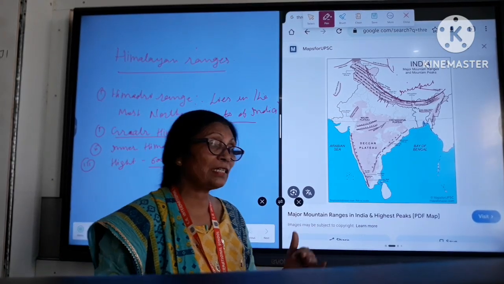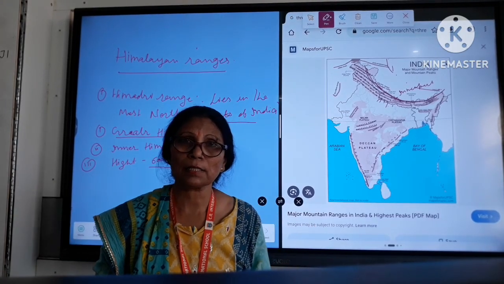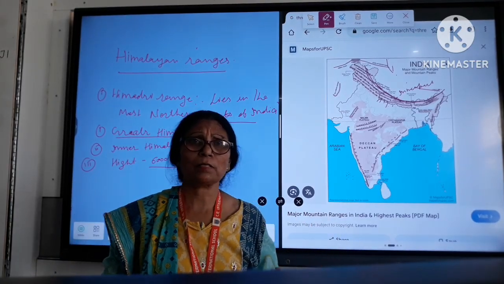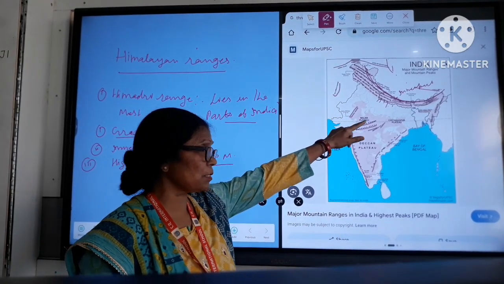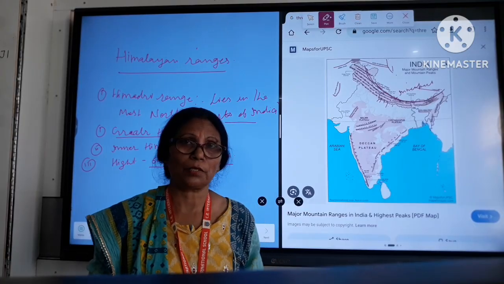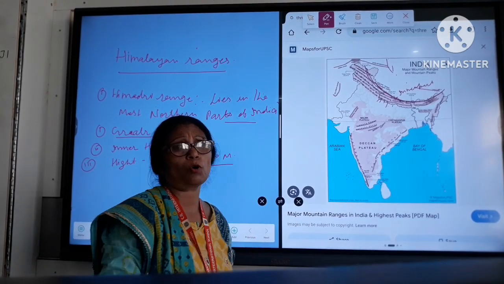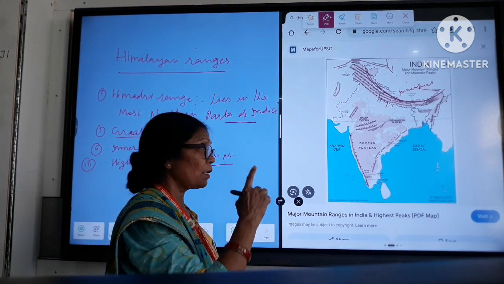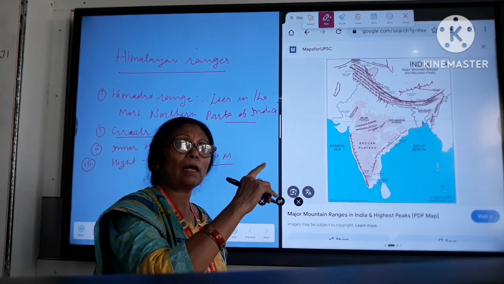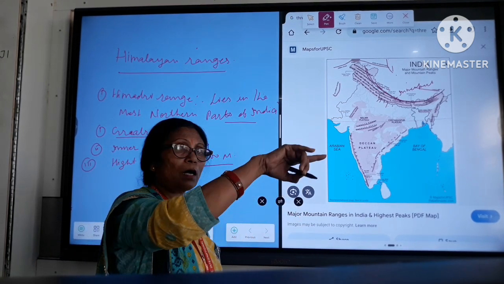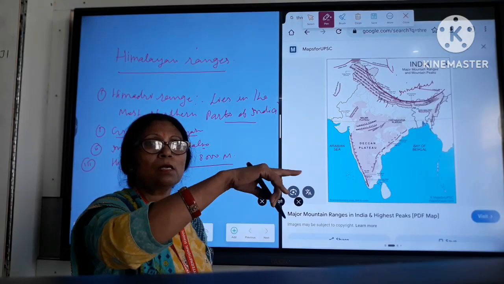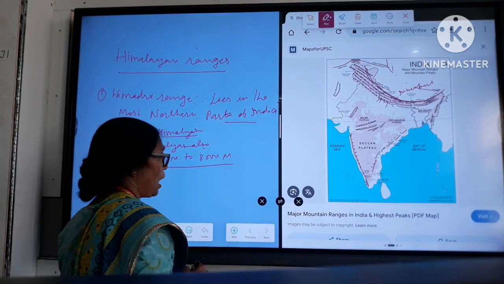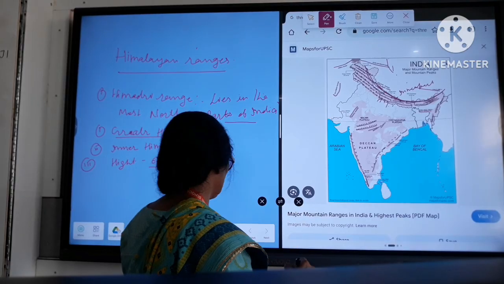The highest peaks like Kanchenjunga, Mount Everest, and other peaks lie in this range, and are covered with snow like a blanket throughout the year. Here ice and snow spread all over this Himalayan range. Most of the highest peaks are situated in this range.